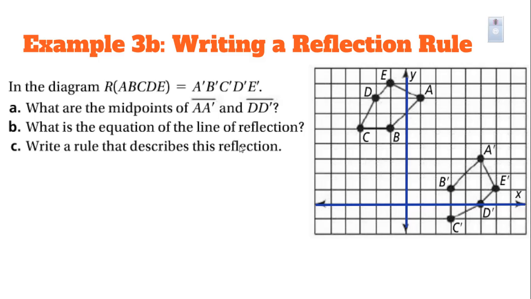All right, so in the diagram we have a 5-sided object, A, B, C, D, E, and A prime, B prime, C prime, D prime, and E prime. What are the midpoints of A and A prime, and D and D prime?